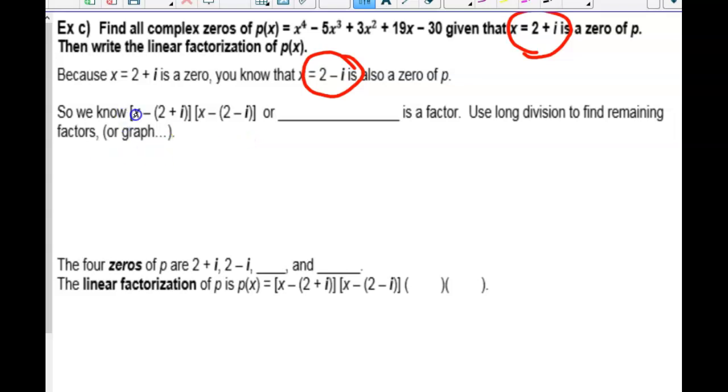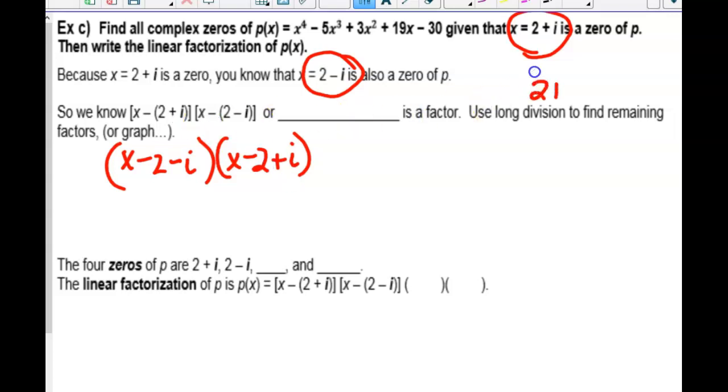Okay, if we distributed all those negatives, we'd have x minus 2 minus i times x minus 2 plus i, and we'd have to FOIL it together. If we want to use the shortcut, we're going to take those two zeros, 2 plus i and 2 minus i, and add them. I'm not FOILing, I'm just adding.